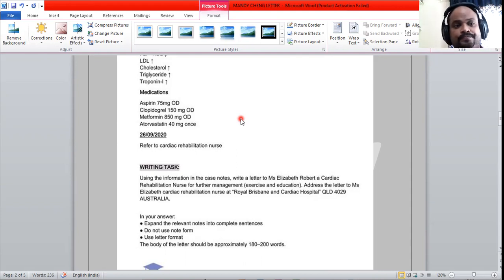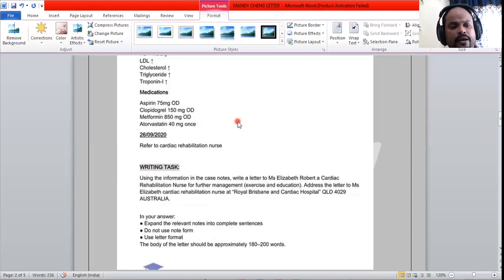Now 2 stents were placed in the area. And right now, after 24 hours observation, she is shifted to the ward.